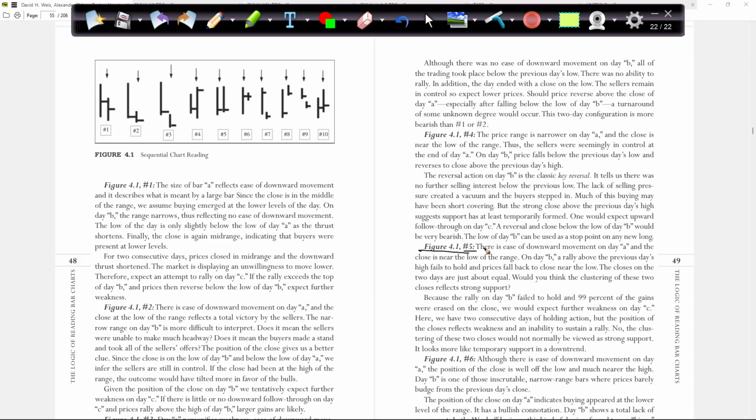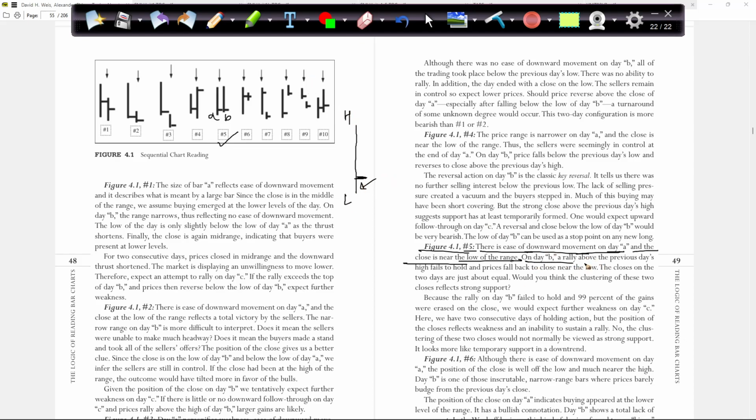Figure 4.1 number 5, there is ease of downward movement on day A, and the close is near the low of the range. If this is our range and the close is here, it is near the low of the day.